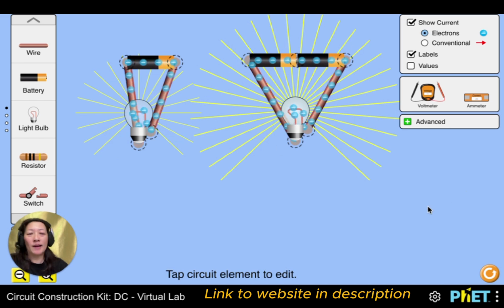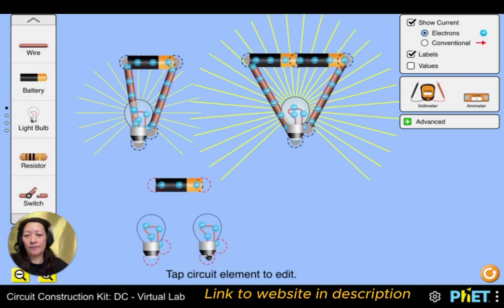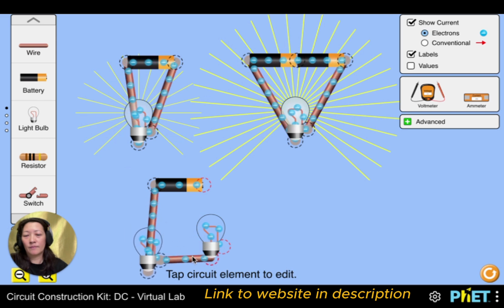Now let's look at what happens if we put only 1 battery to 2 bulbs. And you can see in comparison, the light bulbs are much dimmer compared to this light bulb.